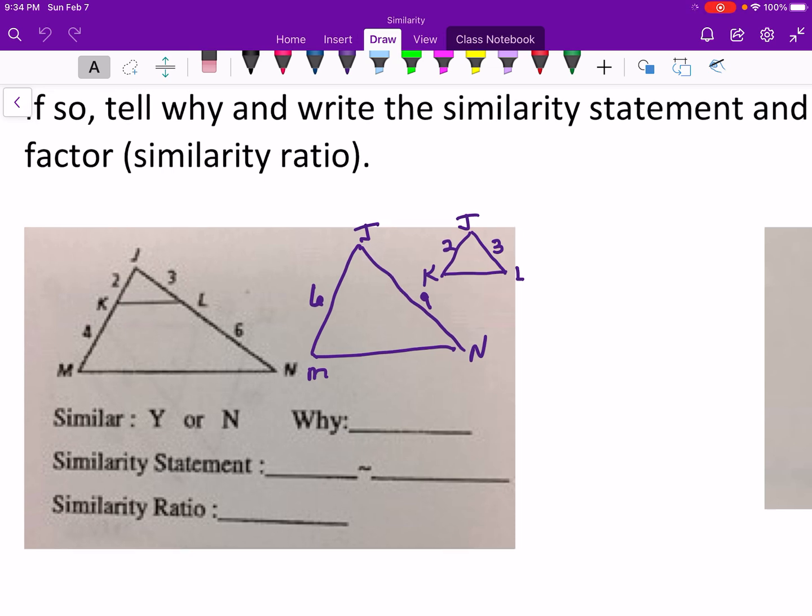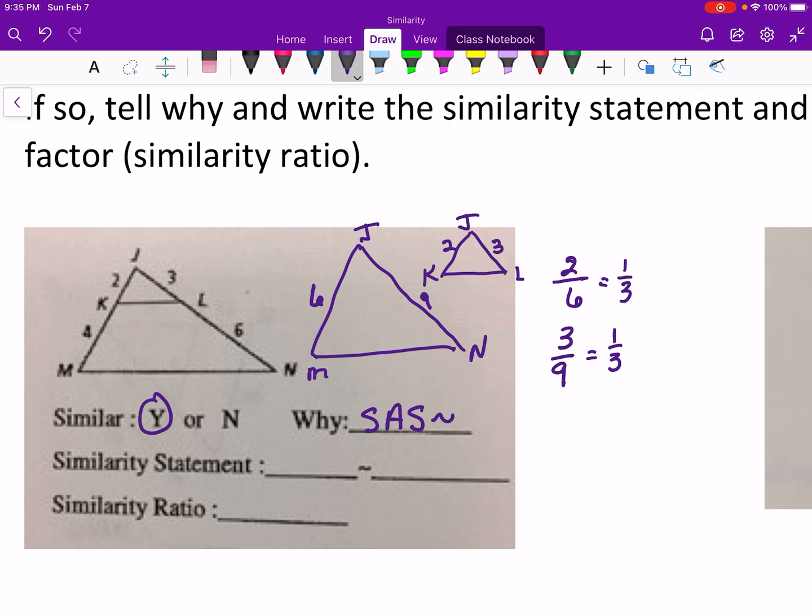And if we look at the ratio of 2 over 6 and 3 over 9, those are the corresponding sides, both of those reduce down to 1/3. So we have 2 pairs of corresponding sides proportional. The angle between them, the included angle, is congruent, so they are similar by the SAS similarity postulate.